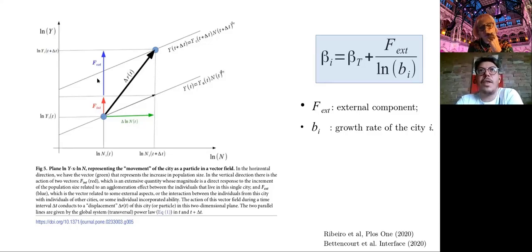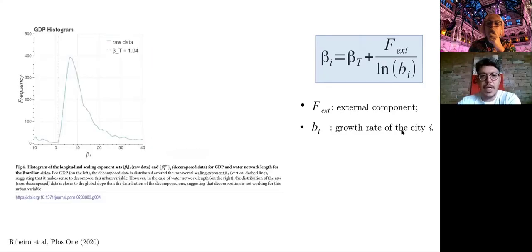Externality means all the things that have nothing to do with the scaling properties. When I sum all these vectors, I can write the individual beta as a function of the transversal beta plus this sum, which has an external component and also a term that depends on the growth rate of the city.